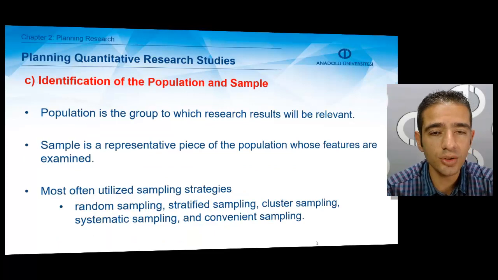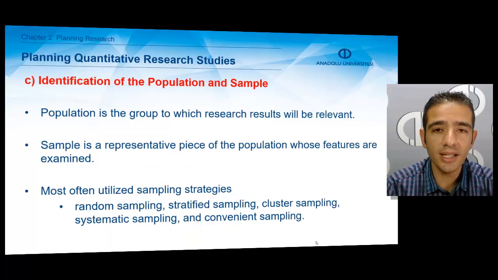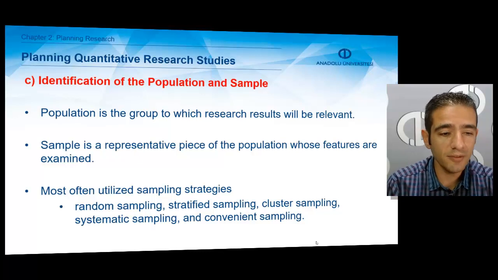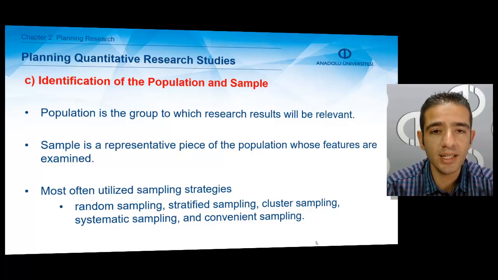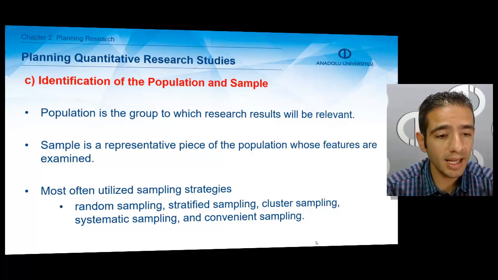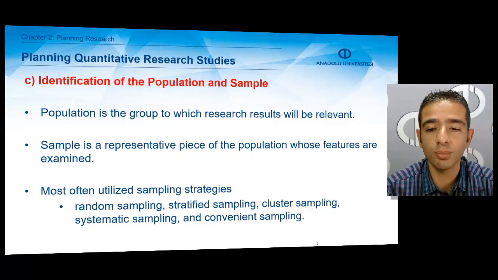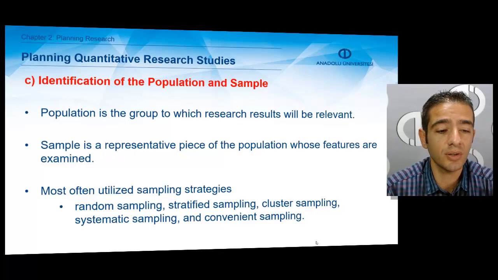After deciding on your research design, then you have to decide on your sample, your participants. Here we have two important terms. The first one is the population, which refers to the group to which research results will be relevant. And sample is the group of participants you reach in your study, a representative piece of the population whose features are examined.